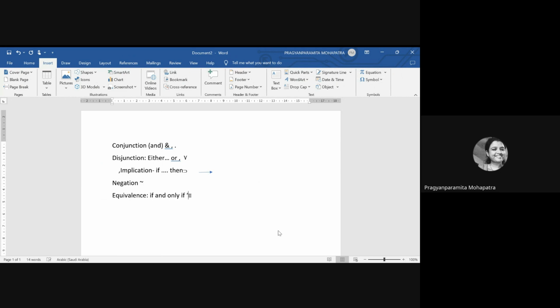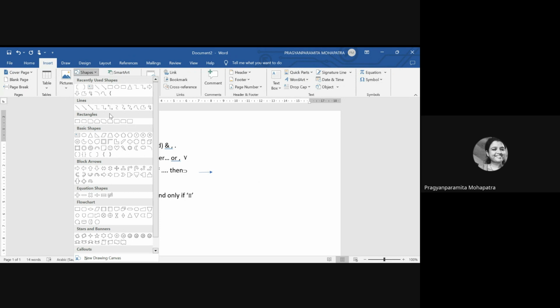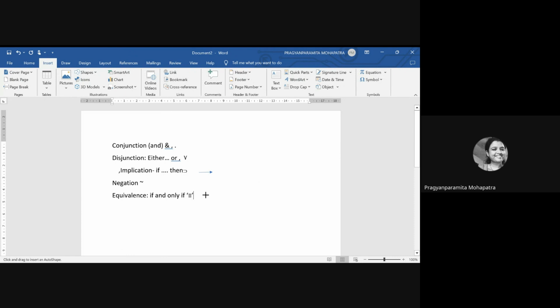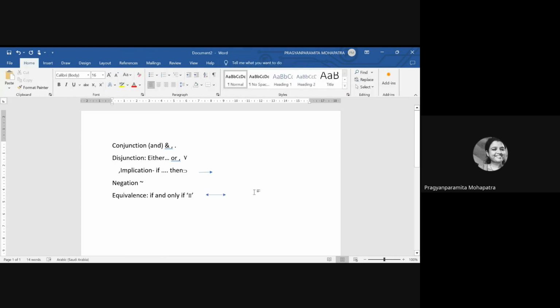This is the symbol of equivalence, or you can draw an arrow referring to both sides. These are called logical connectives.